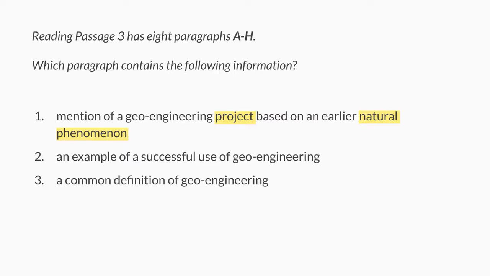Those are the best keywords. If you have proper nouns and numbers, those are of course fantastic as well. You're probably not going to see proper nouns and numbers though with the paragraph location questions. It's rather rare. So stick with subject, object, and verbs. Let's move on to question number 2. So here I'm only going to mark successful, and then for question number 3, I'm just going to mark definition.